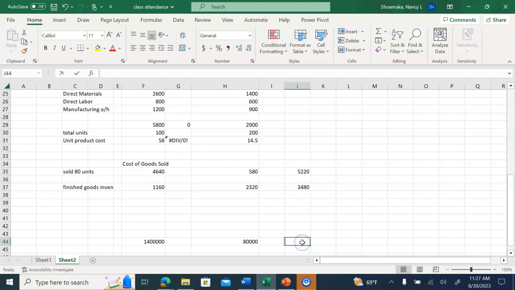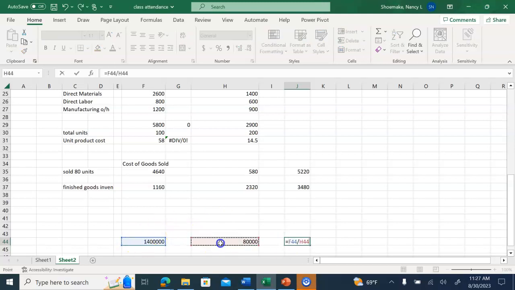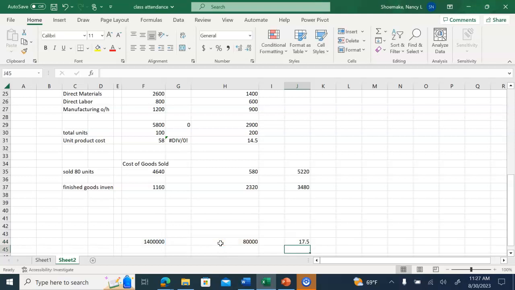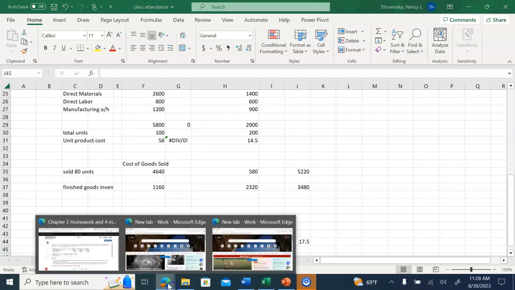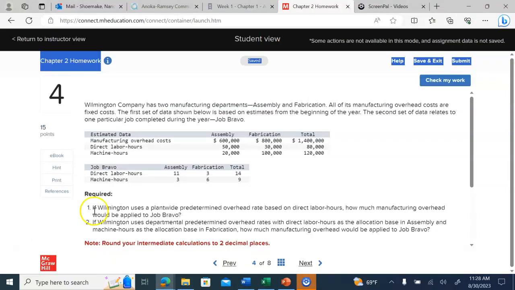So it would be the 1,400,000, divide that by our 80,000, should be $17.50 per the predetermined overhead rate, right?